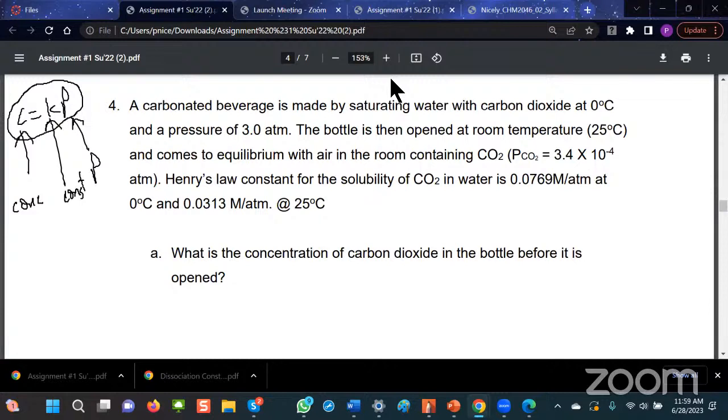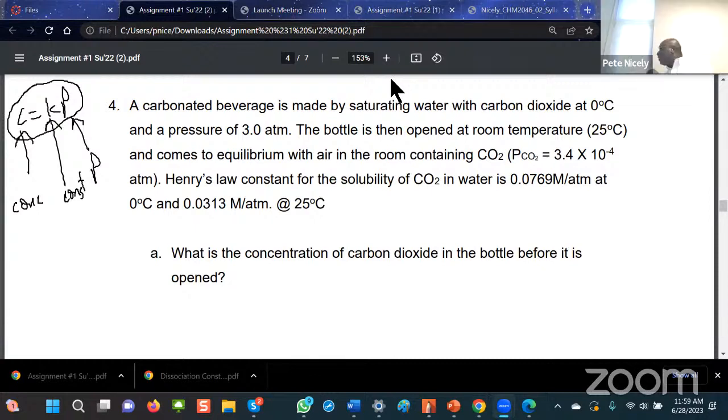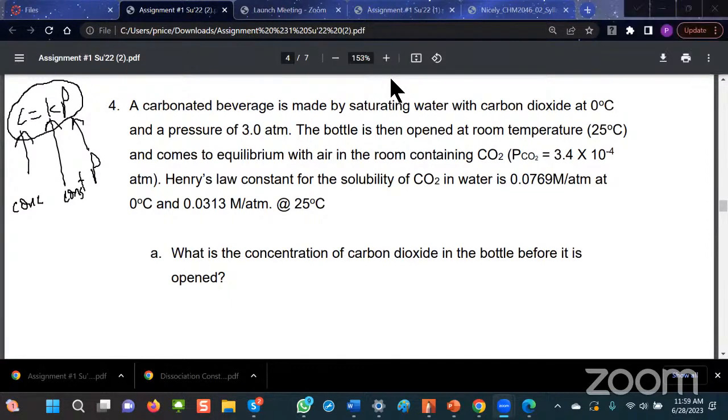So we have K and P. Okay. Well, we don't have, oh yes, we have K. I'm sorry, you're right. You're absolutely right. You have K and you have P. So P would be 3.4 times 10.